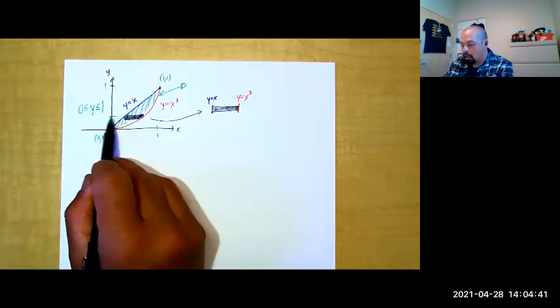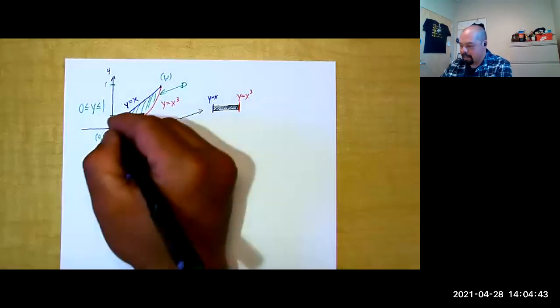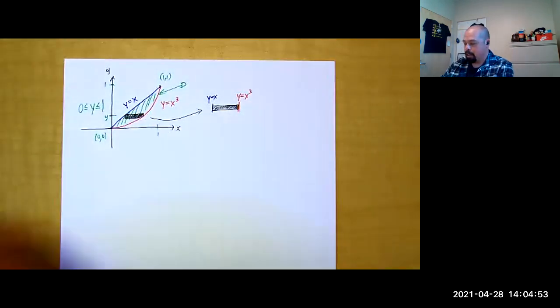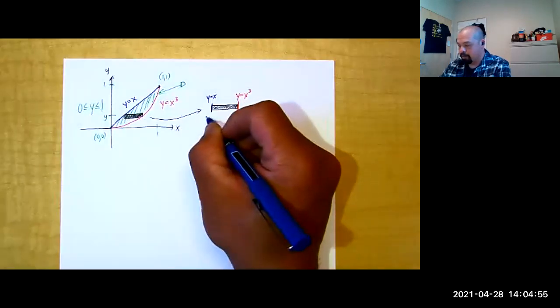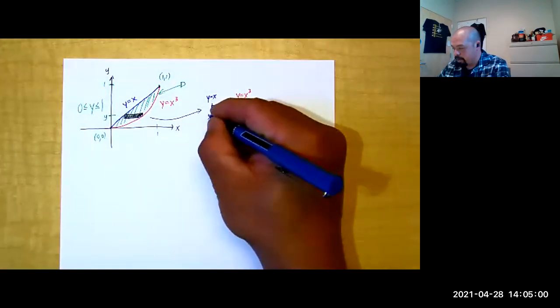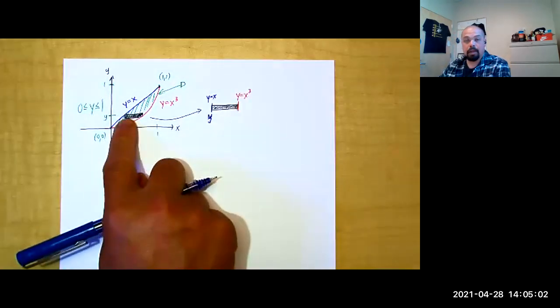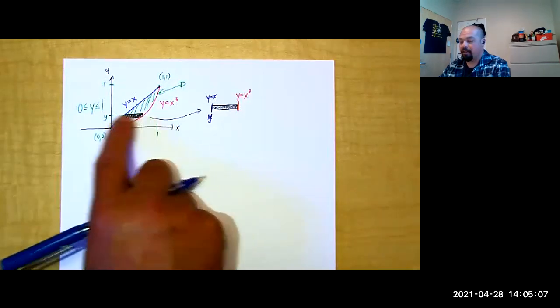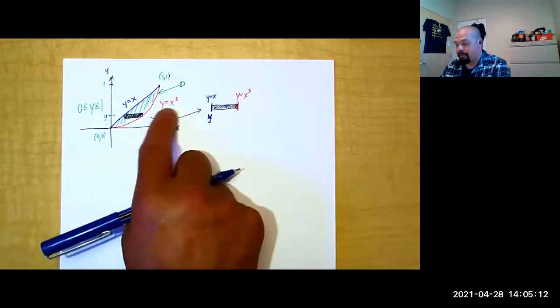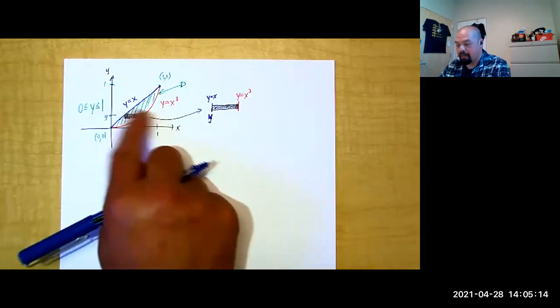And anywhere we are along that y-axis, the smaller x goes from, again, x equals y, and then the upper, if y is going to be the constant, the upper needs to be a function of y.